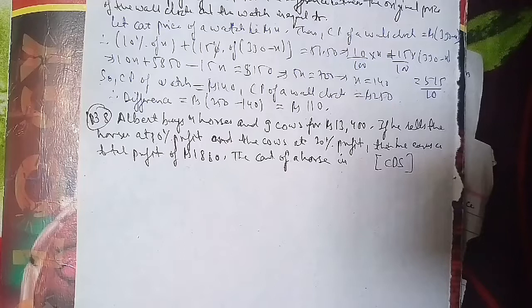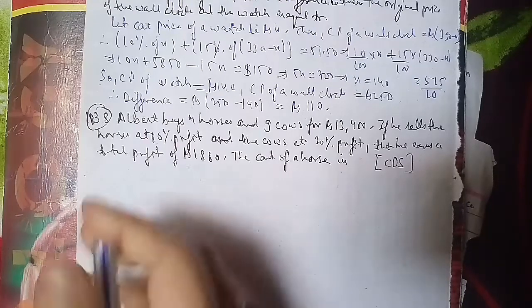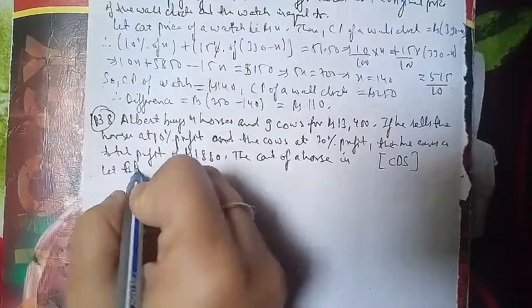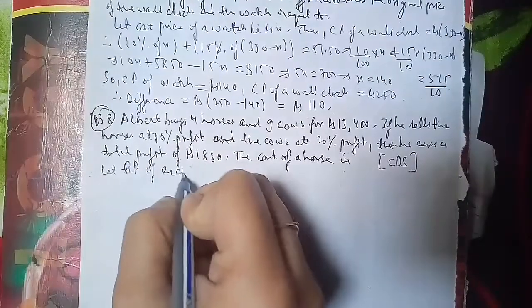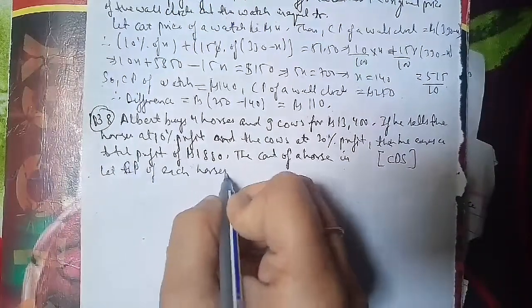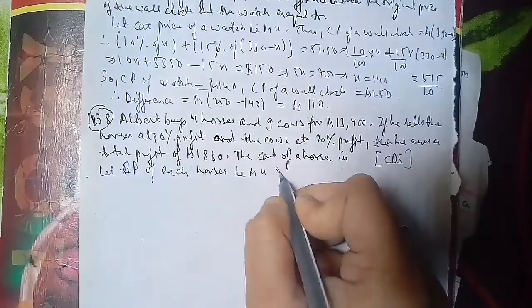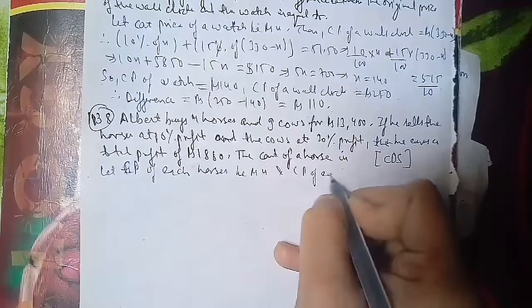Let the cost price of each horse be rupees X and the cost price of each cow be rupees Y, then 4x plus 9y equals 13,400.